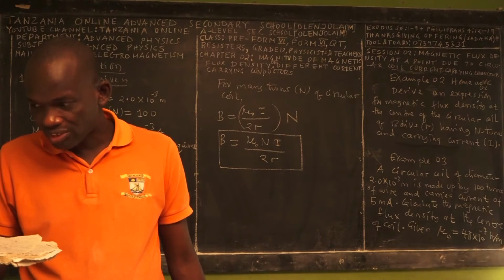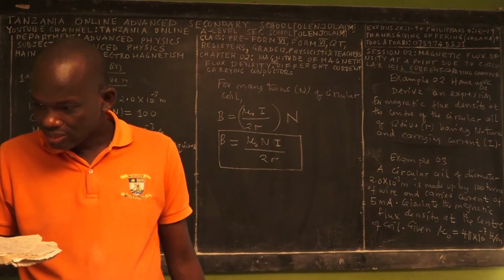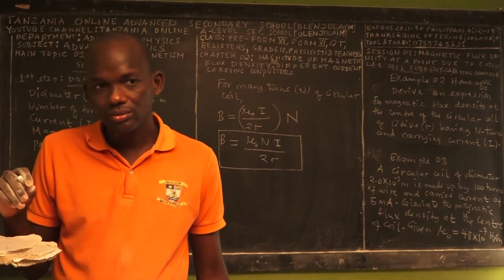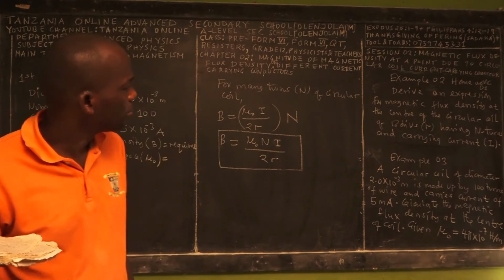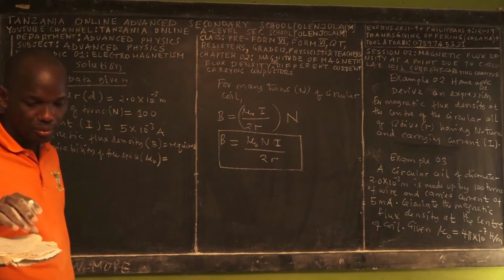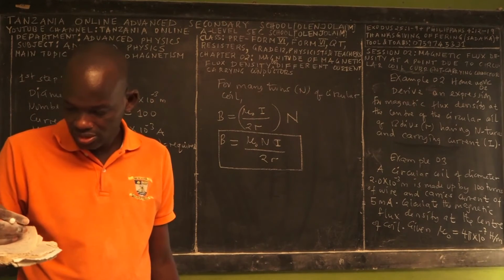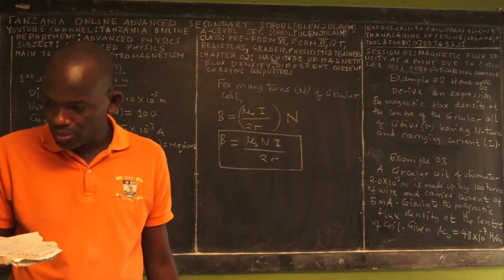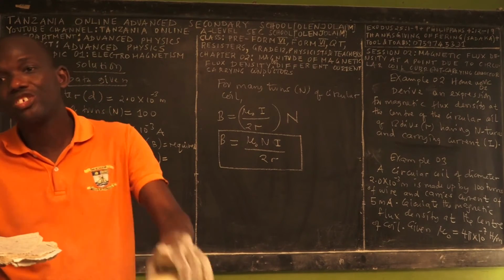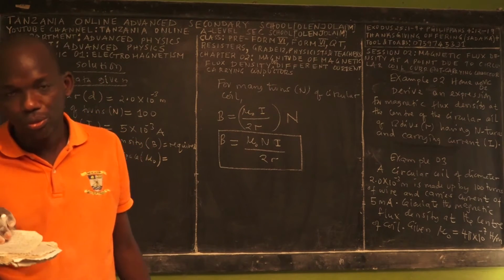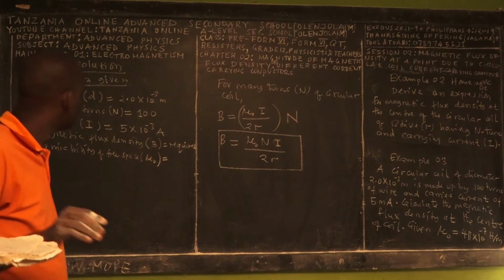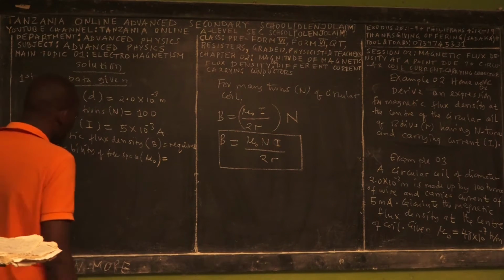Did I say permittivity in session 1? Okay, do correction. So it is what? Permeability. Do the correction for what you have written in session 1. It is permeability.